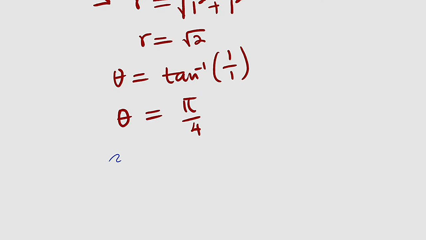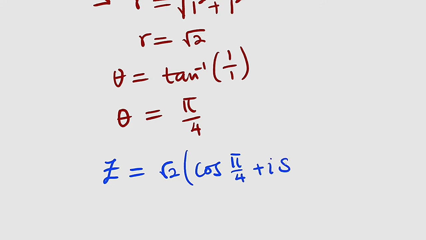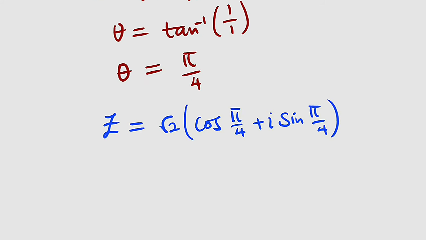Therefore, the complex number in polar form is now equal to r, which we have as square root of 2, multiplied by cosine of the angle pi by 4, plus i multiplied by sine of that angle pi by 4. But remember, we want to expand z to the power of 5.